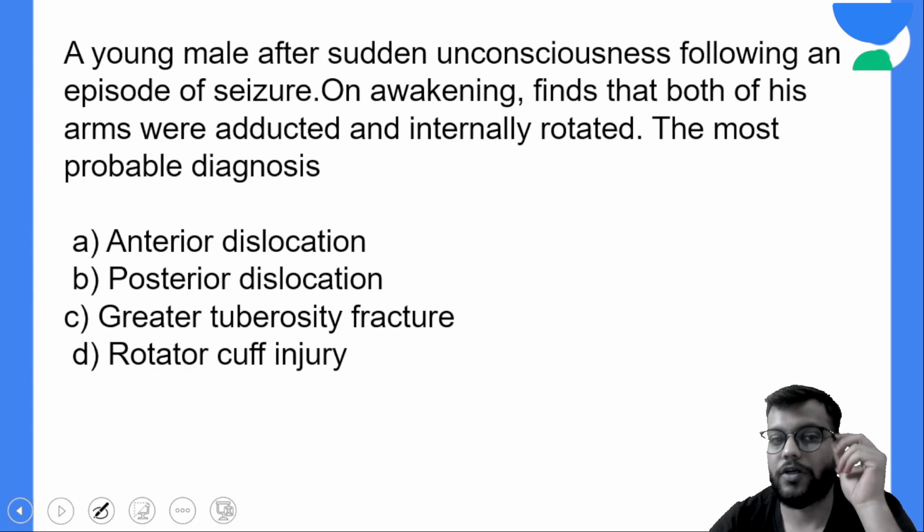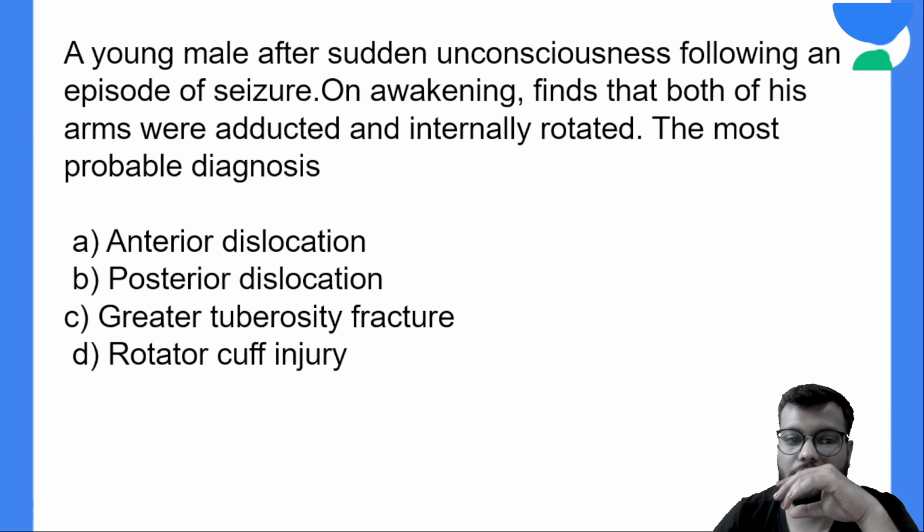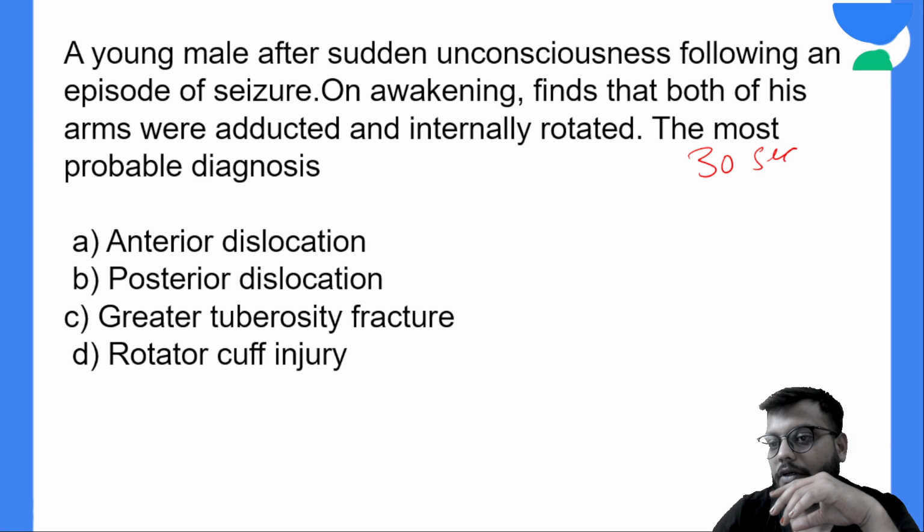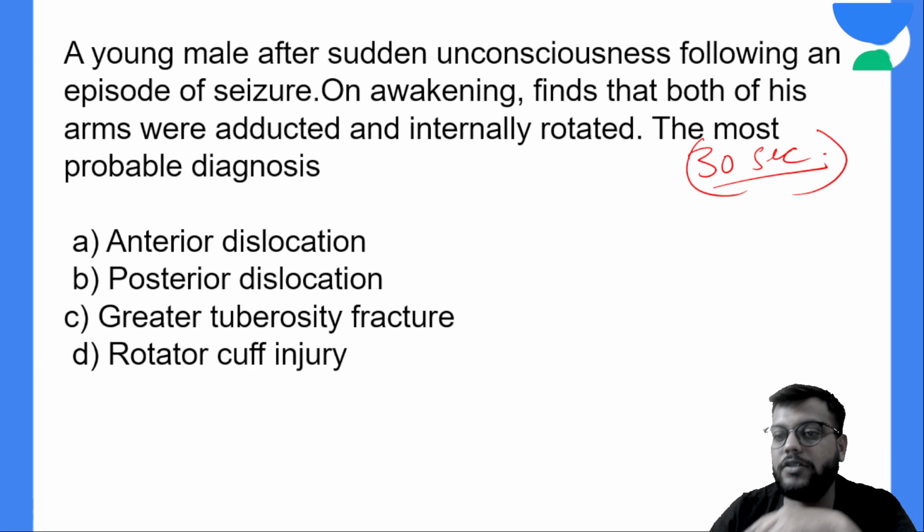Now next question. A young male, after sudden unconsciousness following an episode of seizure, on awakening finds that both of his arms are adducted and internally rotated. The most probable diagnosis. Here are your 30 seconds.